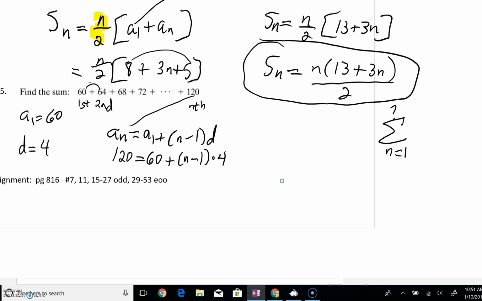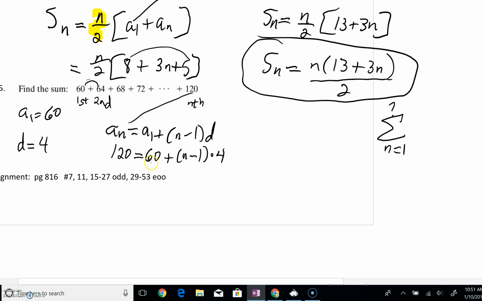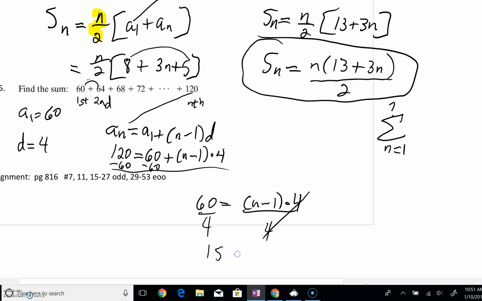Now, this might seem a little bit funny, but you could just subtract 60 immediately. Do I need to distribute a 4 here? I could divide by 4. How about that? That's clever. 60 divided by 4 is 15. And then guess what n is? Oh, n is 16. This is the 16th term in my pattern.